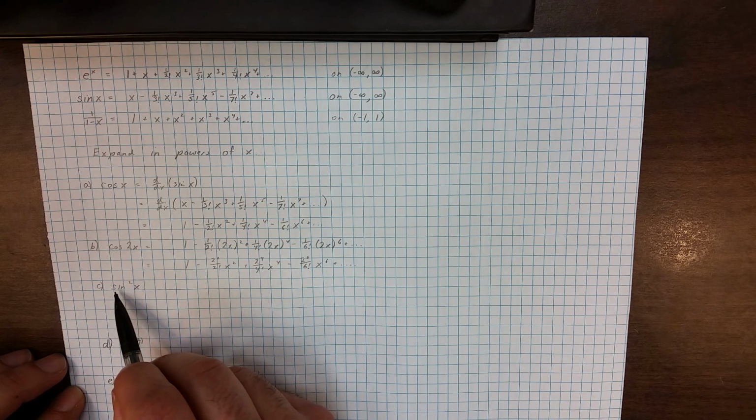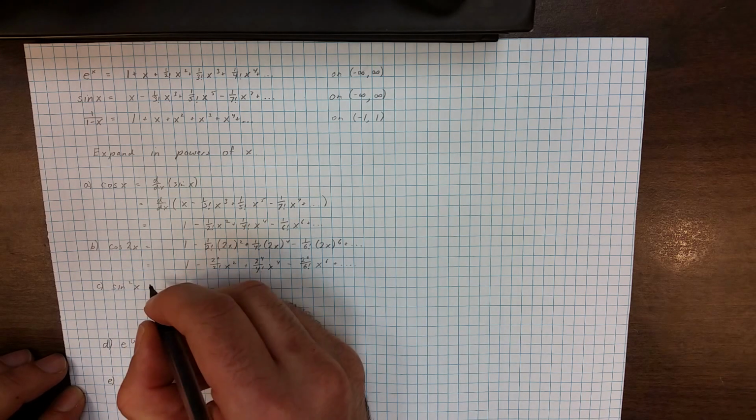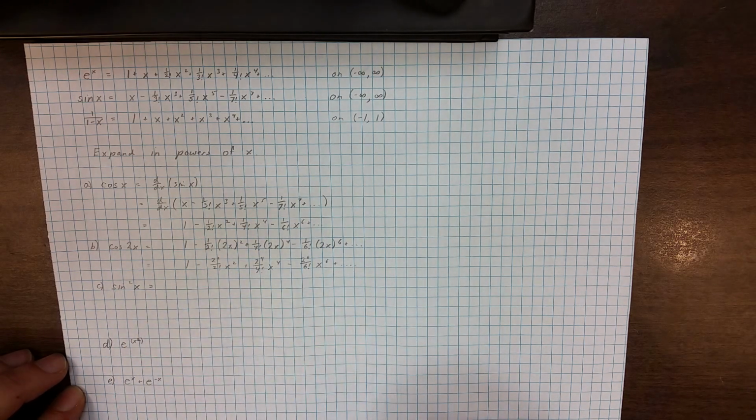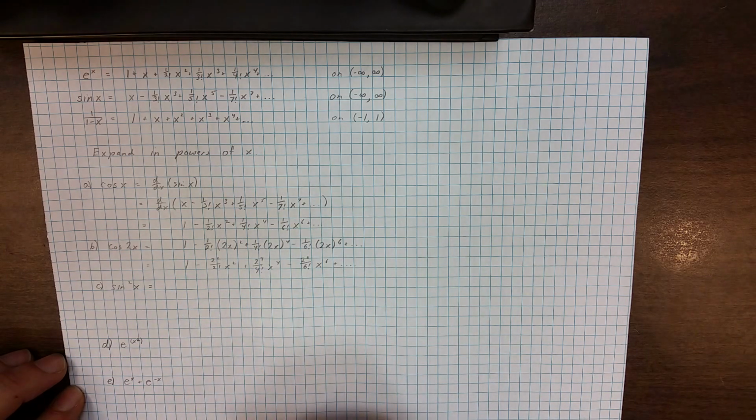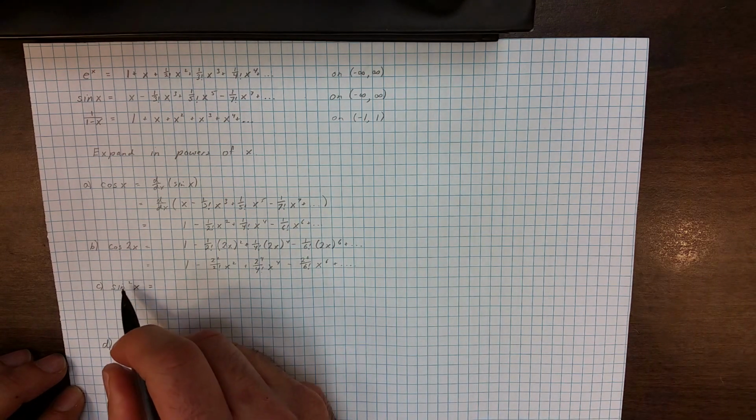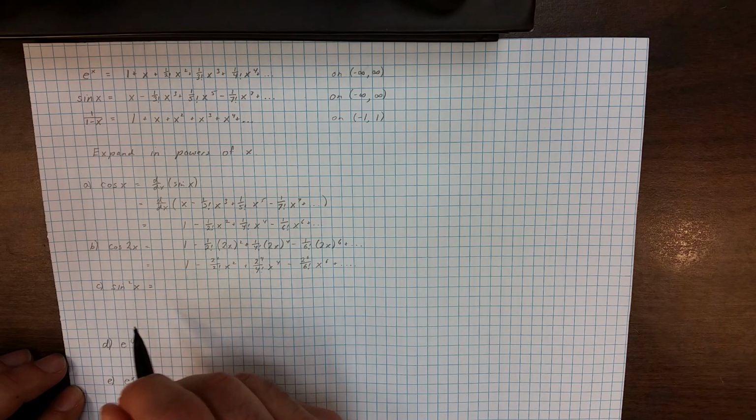Let's take a look at sine squared of x. In order to write the Maclaurin series expansion of that in terms of functions that we already have, we're going to remember the double angle formula, which was the same thing that allowed us to integrate this, find the antiderivative of sine squared of x.